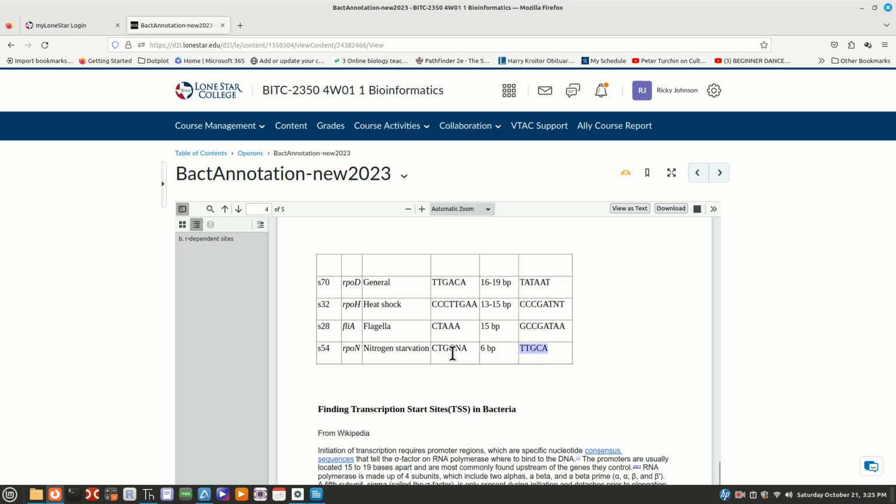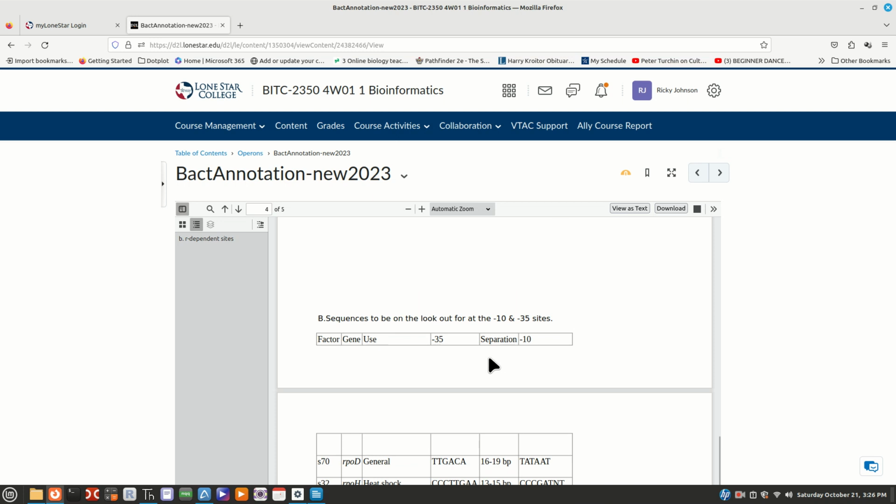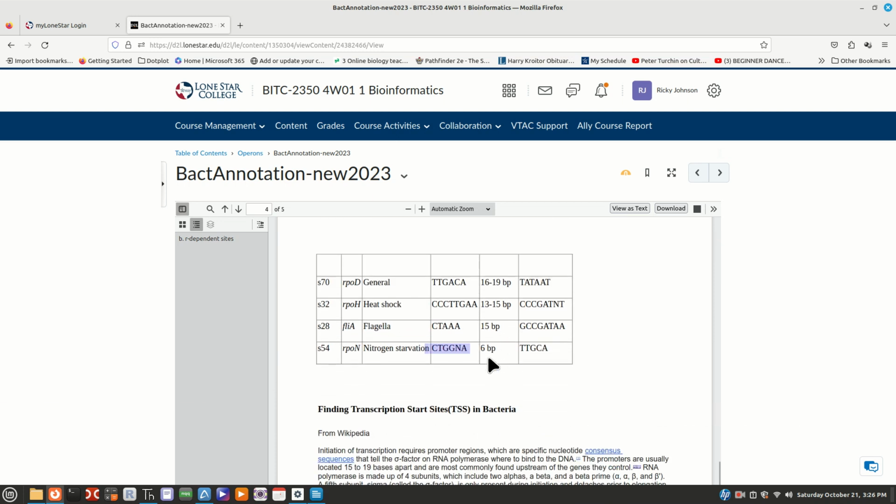So this might be what you substitute the TATA out for if you think you have something that might sense something like nitrogen, or a gas, or it's sensing something in the environment having to do with it. So if you don't find a TATA, you might look for these as an alternative.